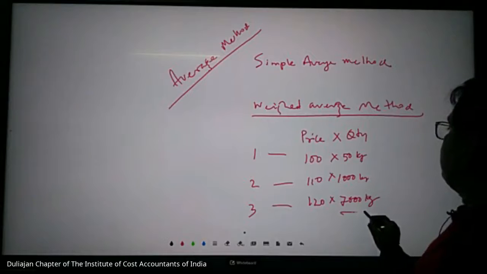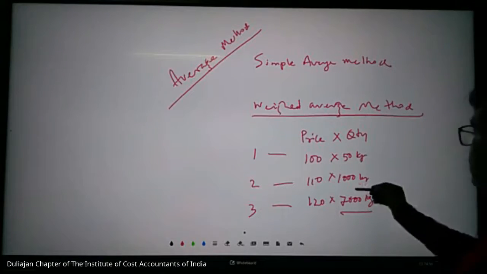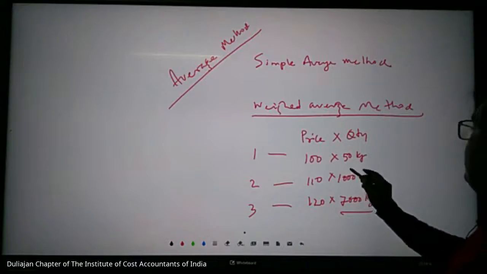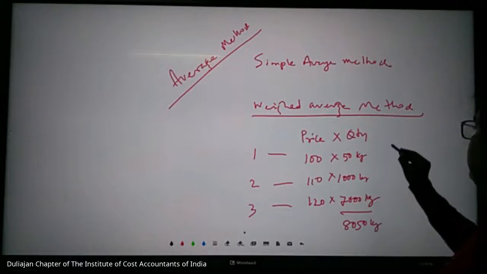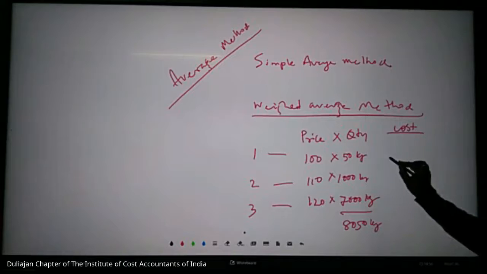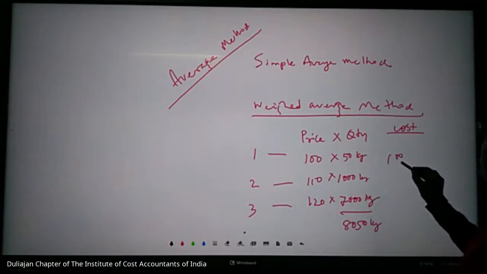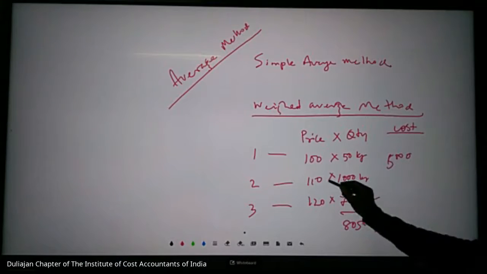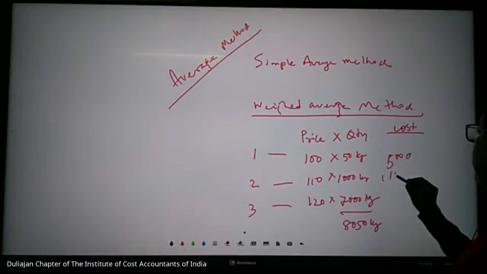So my total weightage is how much? 7000 plus 1000 plus 50, 8050 kg I have purchased. What is the cost? 100 into 50 is 5000. 110 into 1000 is 1,10,000.